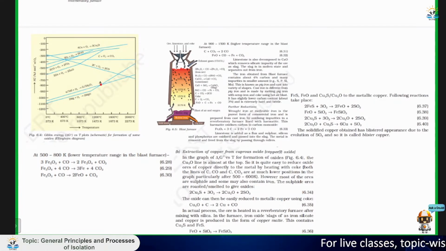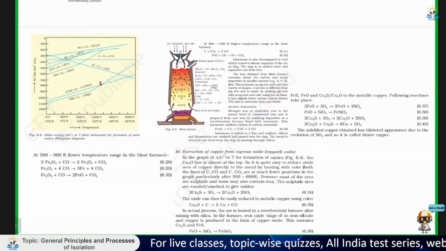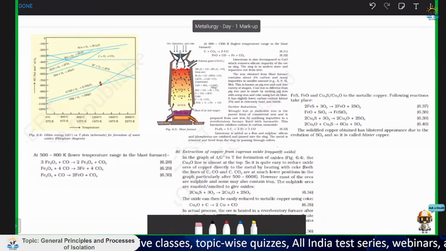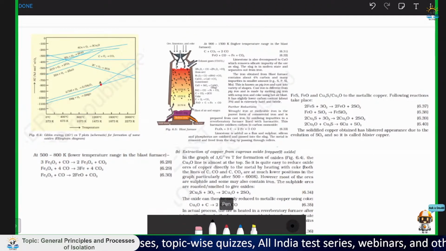That's the Ellingham diagram for many graphs. Importantly, C plus O2 gives CO and CO plus O2 gives 2CO2. This is how it goes.